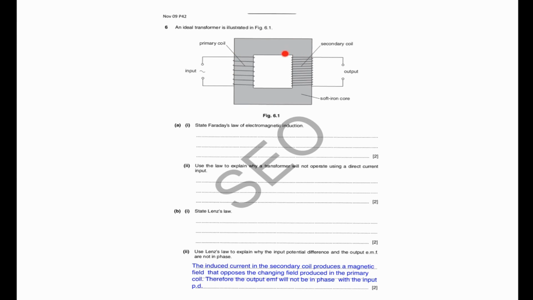When this field is getting stronger, getting more and more north, then this will also be north to try to oppose it. So you have an original EMF here that is pushing the field this way. The EMF here will be opposite because it's going to push the field in the opposite direction. Therefore you will have the EMF which will not be in phase with this input PD.